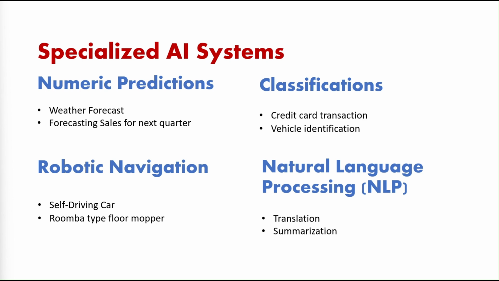Examples are weather forecast or forecasting sales for next quarter. Classifications. Examples are credit card transaction, fraudulent or not, vehicle identification, is this vehicle a sedan, SUV or pickup? Robotic navigation. Examples are self-driving car or Roomba-like cleaners. Natural language processing, or NLP. Examples are translation or summarization.